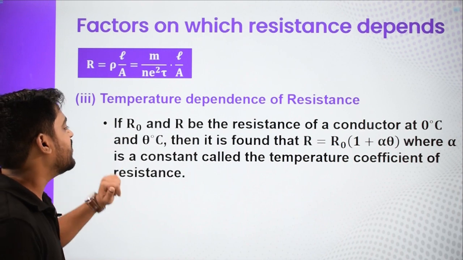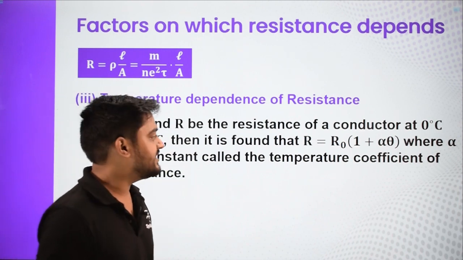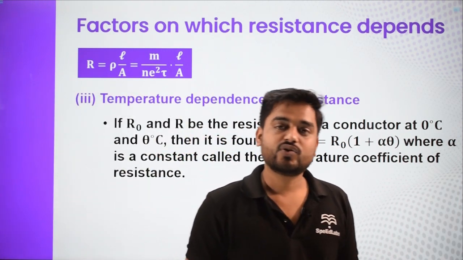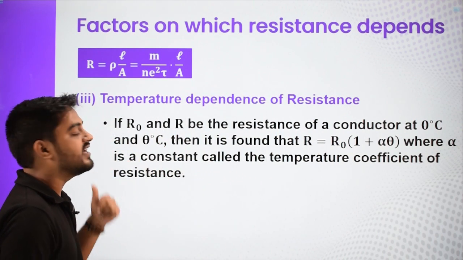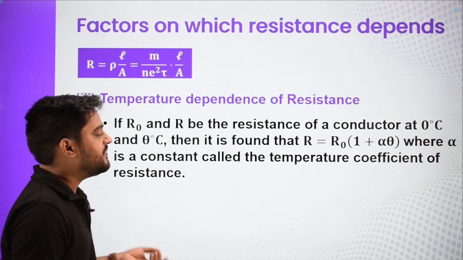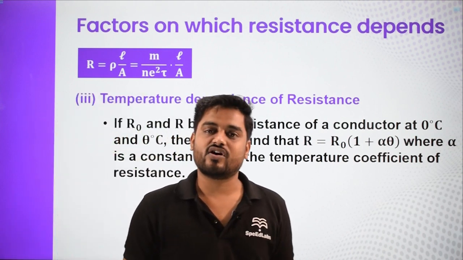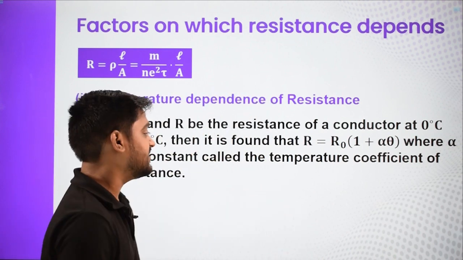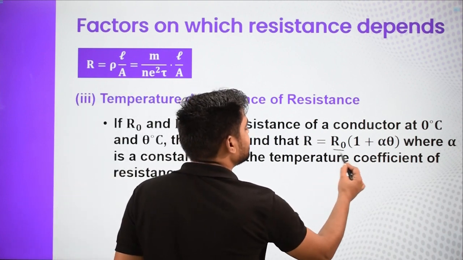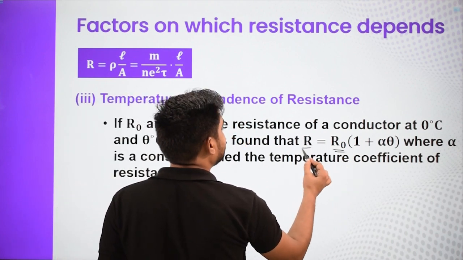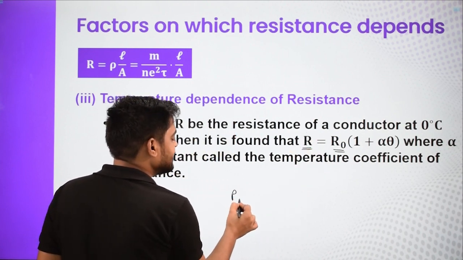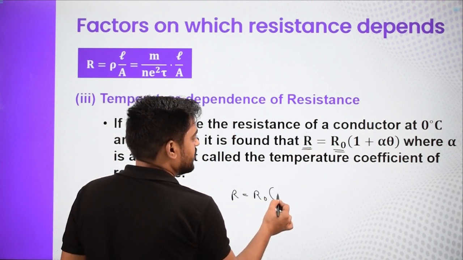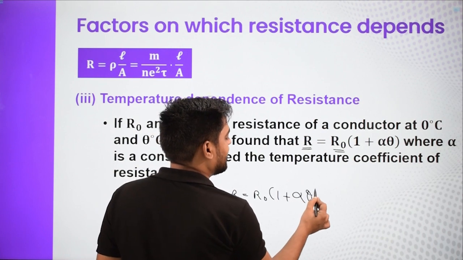Now let R0 and R be the resistance of a conductor at two different temperatures, R0 at 0 degrees Celsius and R at theta degrees Celsius. Then the relationship between R0 and R, that is resistance at 0 degrees Celsius and resistance at theta degrees Celsius, is given by this expression, which is R is equal to R0 (1 plus alpha theta).